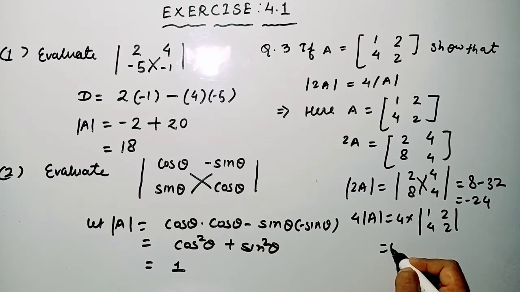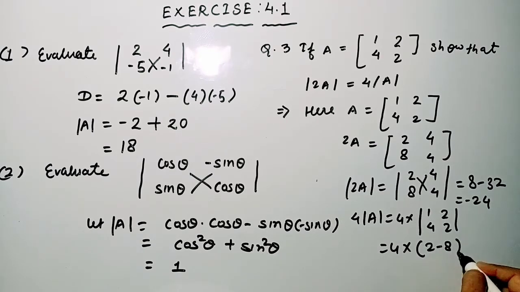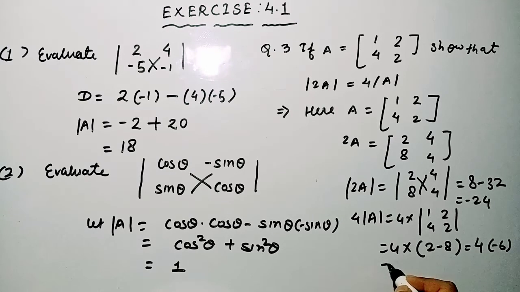Doing the cross multiplication, 1 multiplied by 2 minus 2 and 4 into 2 is 8. So we are getting 4 into minus 6, so minus 24. Here you can see, students, modulus of 2A is equal to 4 times modulus A.